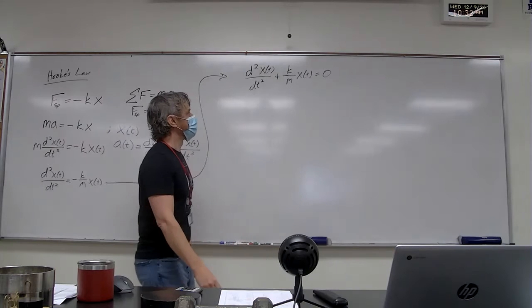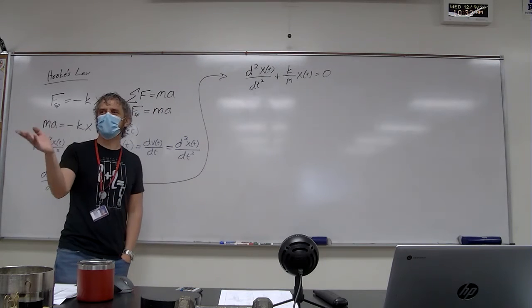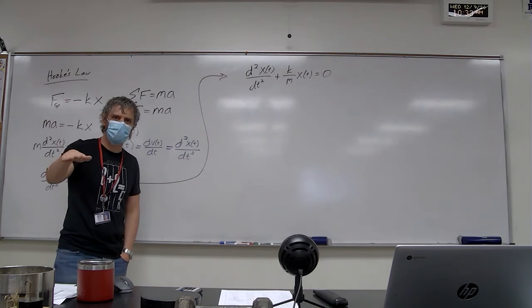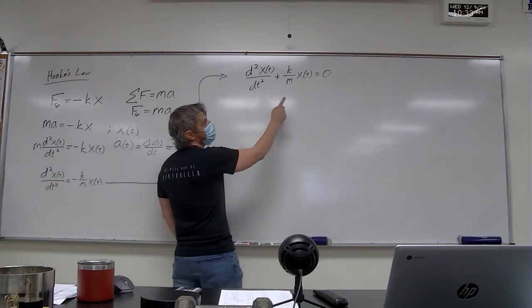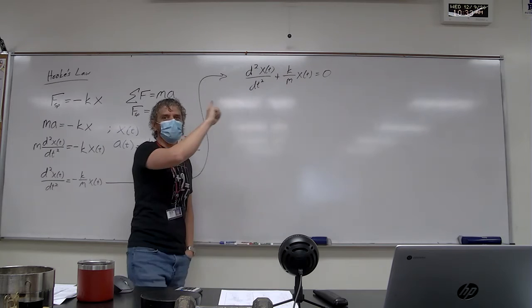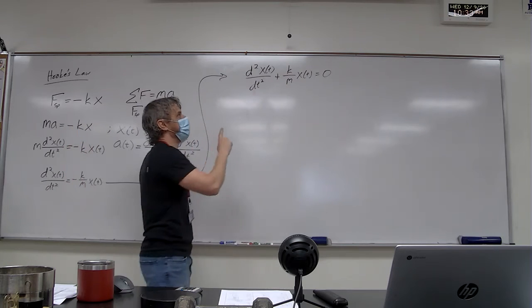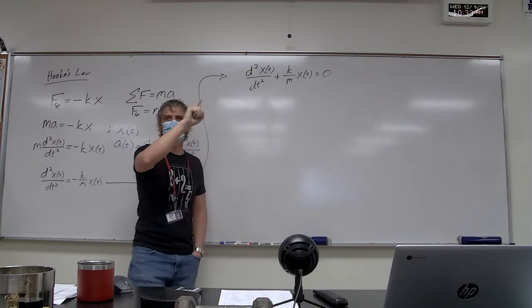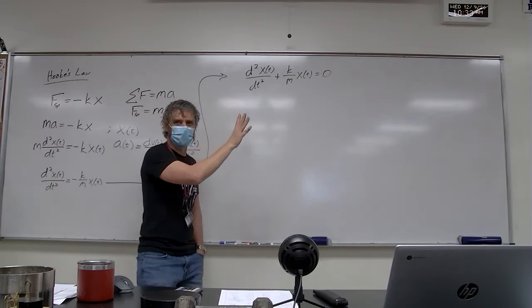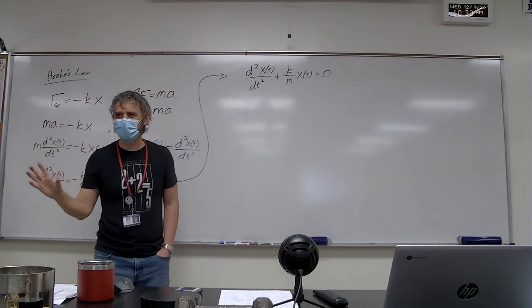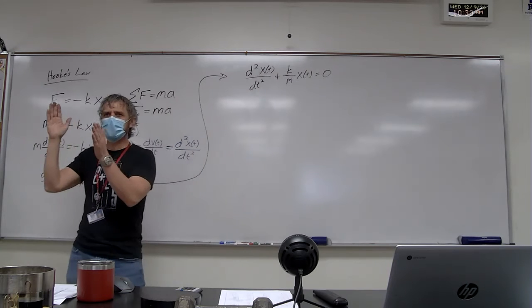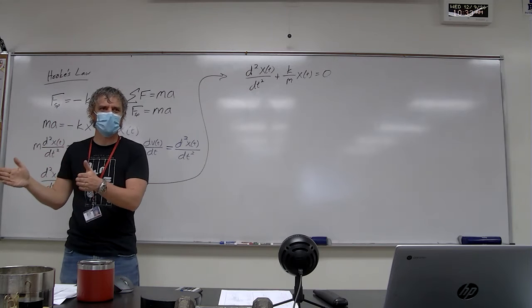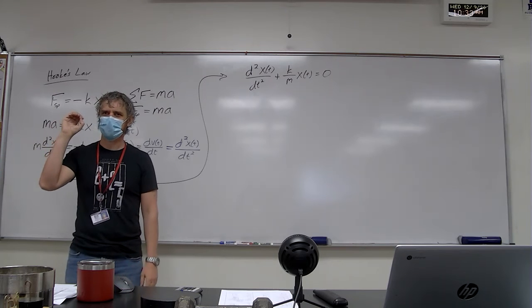Okay. So what type of function, some of you might already know, so if you already know, then shh. What type of function, when you take its second derivative and you add it to the original function with some constants in there, what's the only type of function where if you added the function modified by some constants to the second derivative of that same function will give you 0?